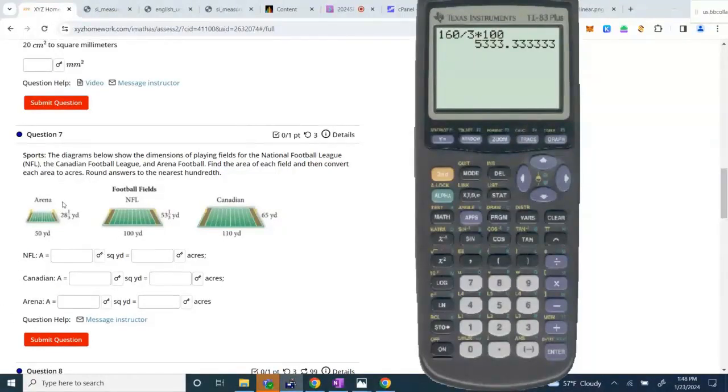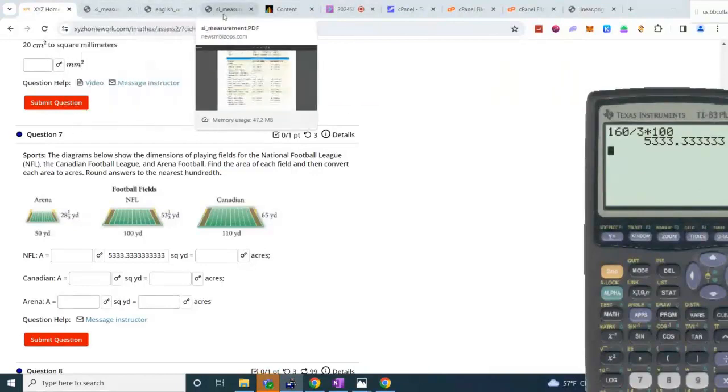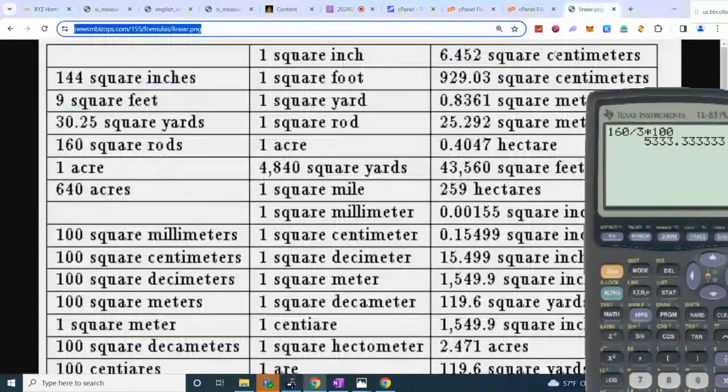Right, so in order to get the area, I multiply the length times the width, right? So that's where the 5,333 comes in, square yards. So now I have to convert square yards to acres. So that's the key thing on these, is converting these mixed numbers to improper fractions. So I want to convert square yards to acres. So I'm going to pull up the formula sheet.